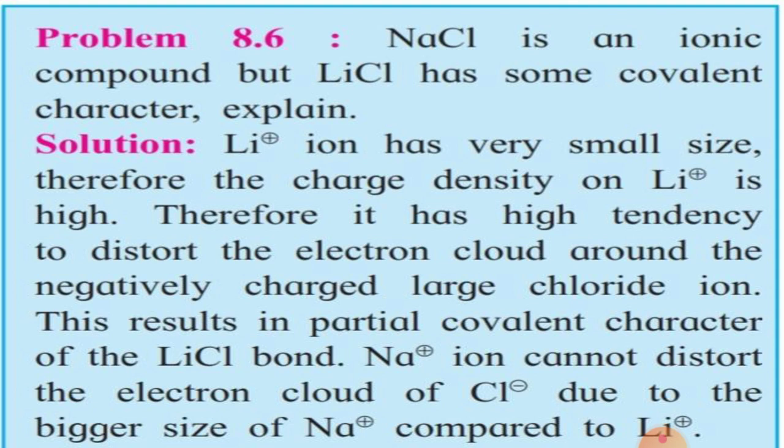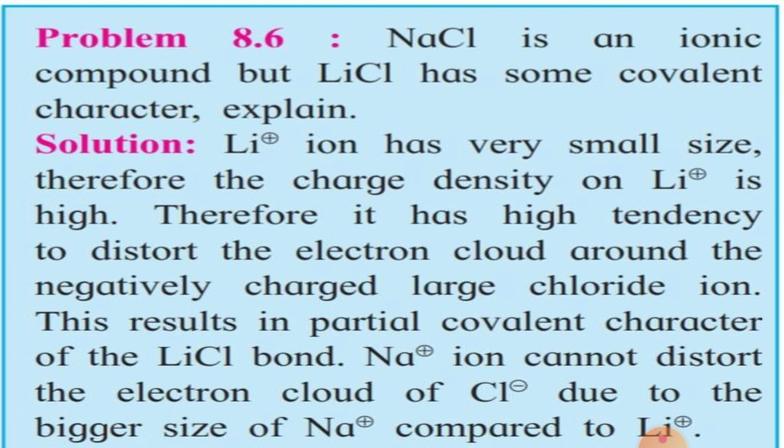While sodium ions cannot distort the electron cloud of chlorine. Lithium ion can distort the electron cloud, but sodium ion cannot, due to which sodium chloride is an ionic compound. So here students, sodium ion cannot distort the electron cloud because of the bigger size of sodium compared to lithium.